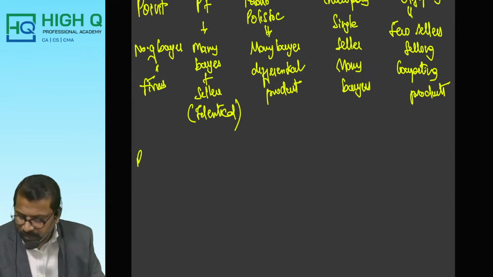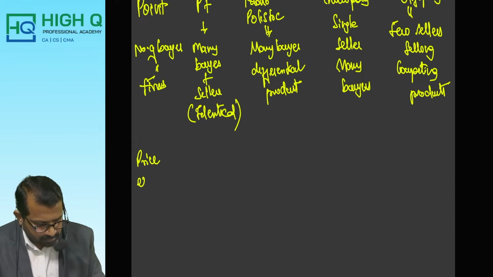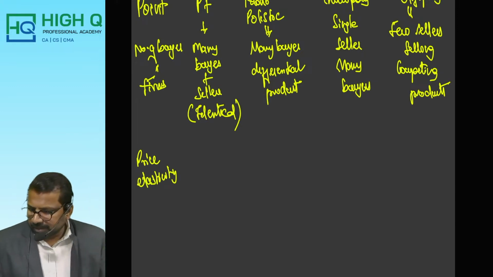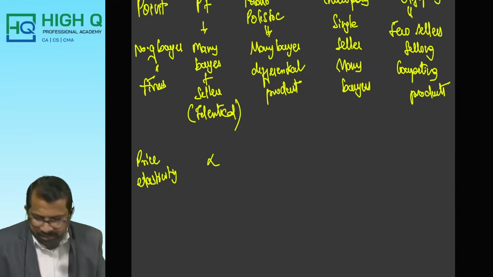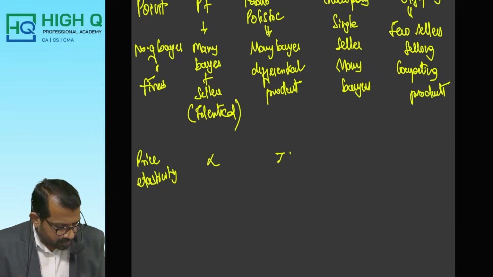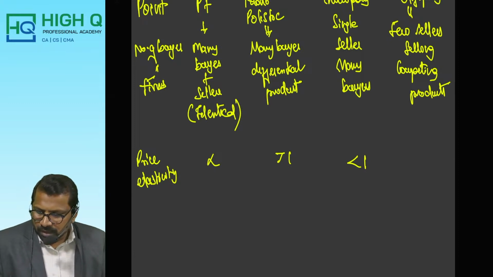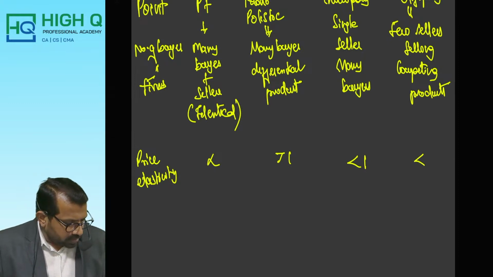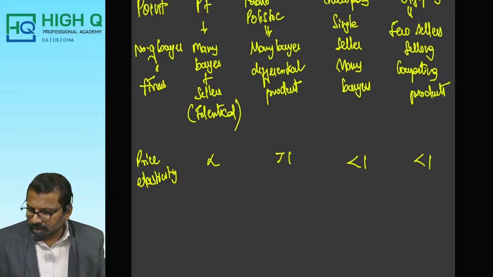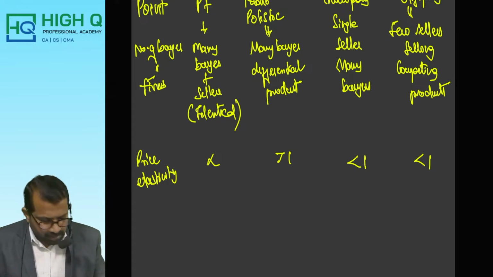Next one, price elasticity. Here it is infinity, greater than 1, less than 1, here also less than 1. Control over price.